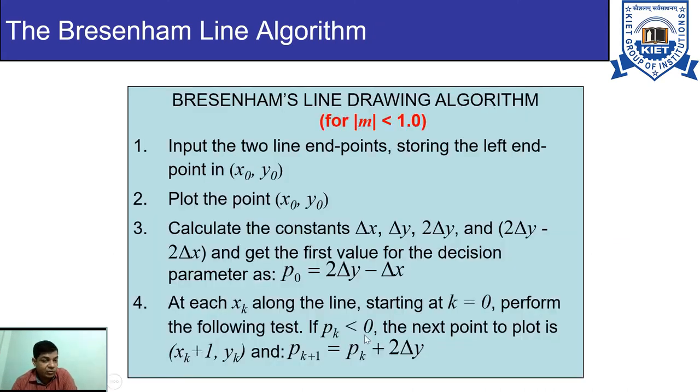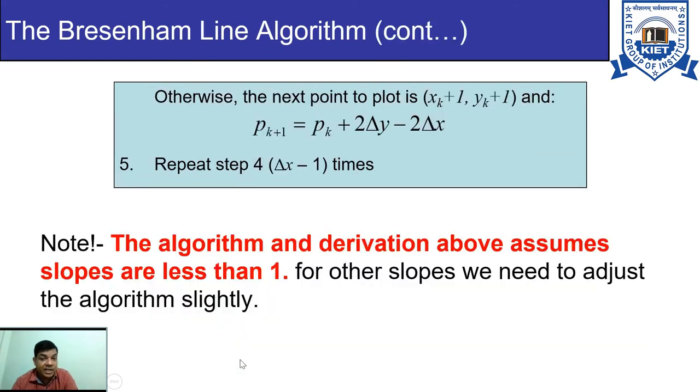But if the value is less than 0, in that case you have to increment the value of x, but you do not have to increment the value of y. So this thing you have to keep in your mind. Calculate the pixel parameter. If it is less than 0, increment the value of x, but don't change the value of y. If it is more than 0, then you have to increment the value of x as well as the value of y.